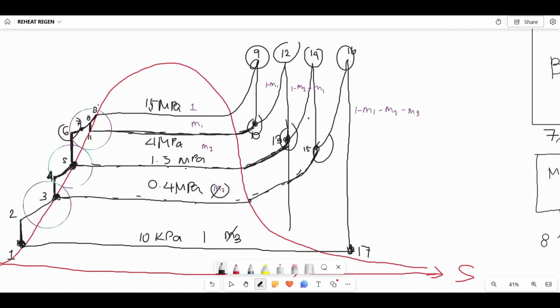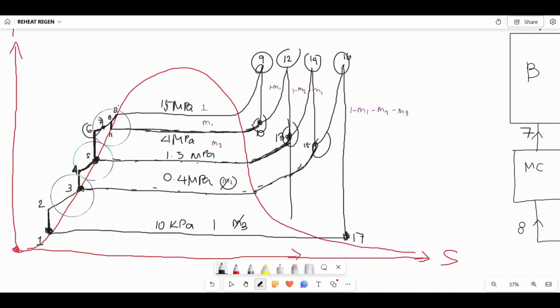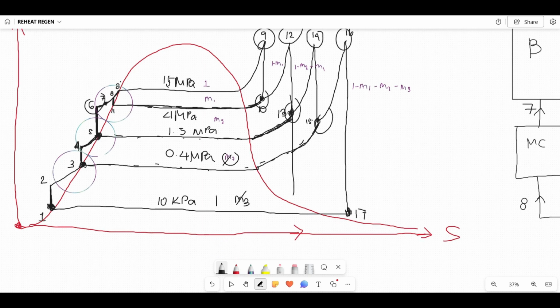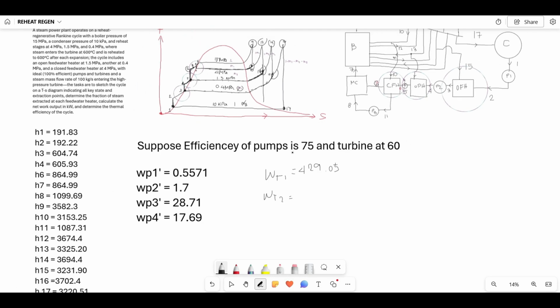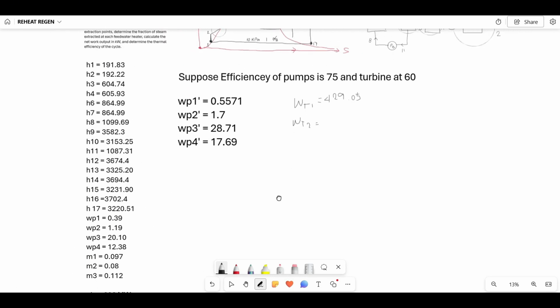H12 minus H13, but with 1 minus y1. Why? Because we bled it there, and we know that y1 is 0.097 from our given.